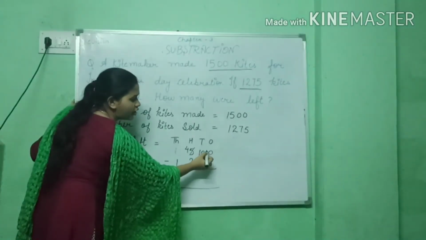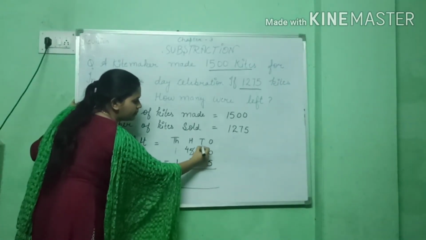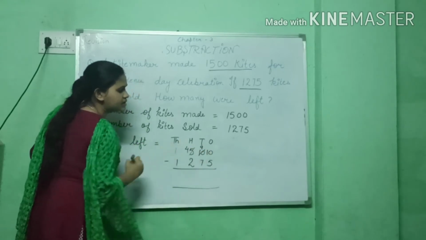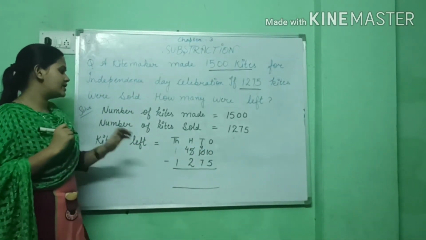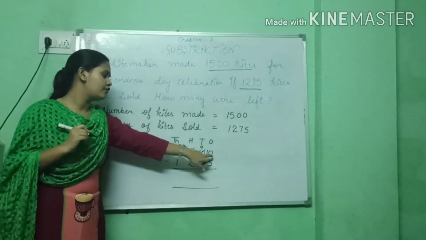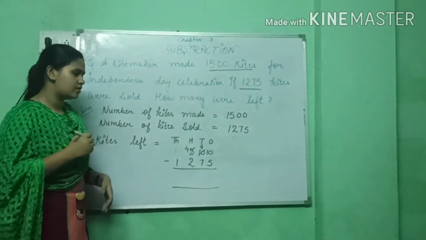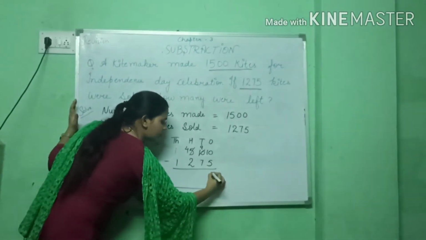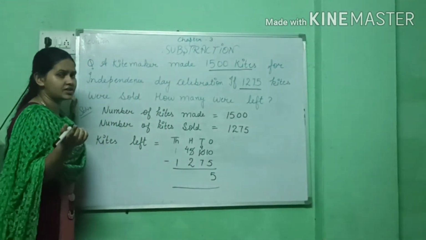Now this 10 will give 1 to this 0, and it becomes 9, and the other becomes 10. Now when we minus 5 from 10, how much is left? 5 is left.